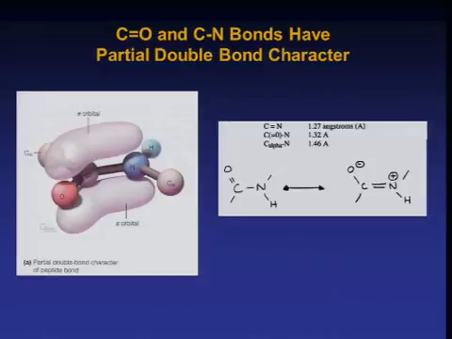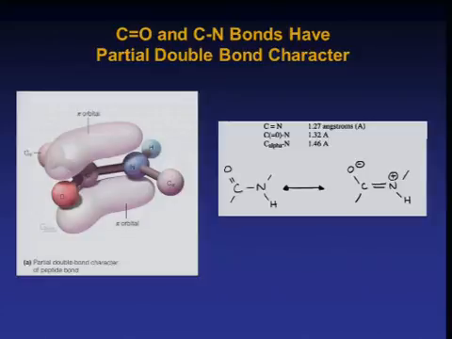Which atoms here? This nitrogen is electronegative, so it's going to be pulling electrons this way. So the amide hydrogen is going to be slightly electron deficient, so that's going to be kind of a delta plus.